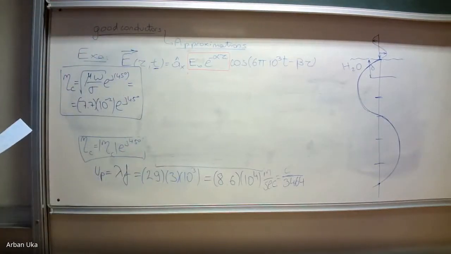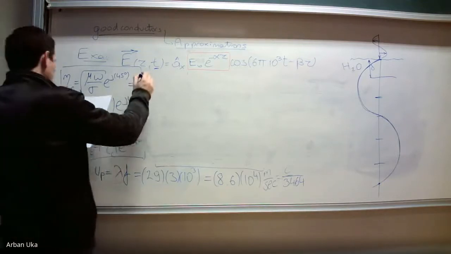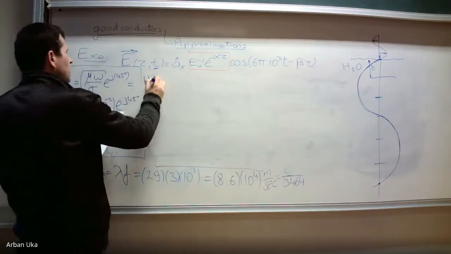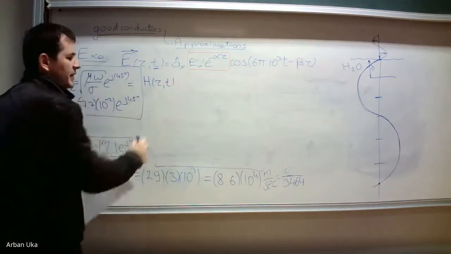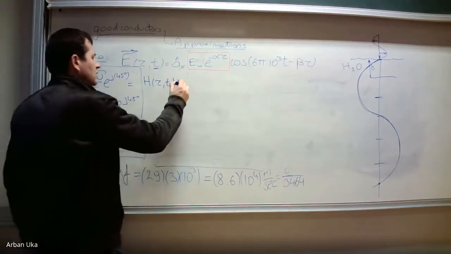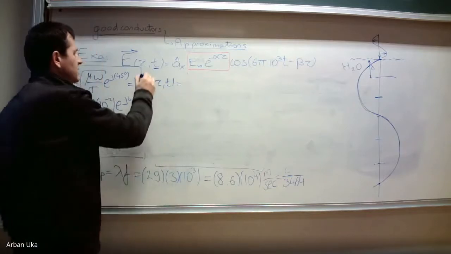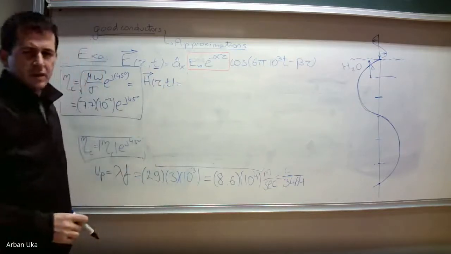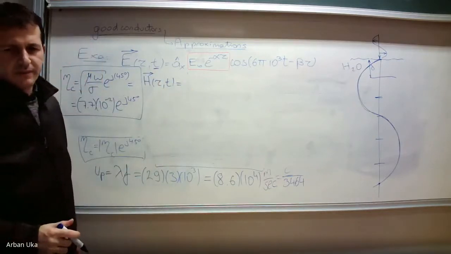Okay, now that we know the impedance, we can find H, the instantaneous expression for the magnetic field intensity. First of all, what would be the direction of H? What is the direction as a vector? Who can answer this?